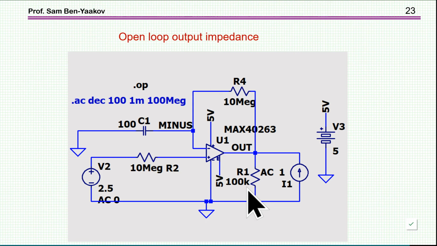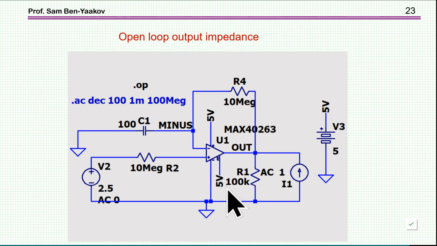This is very important in nonlinear circuits because the procedure that SPICE is going through is finding operating point, linearizing the circuit around the operating point, and then running the AC analysis.